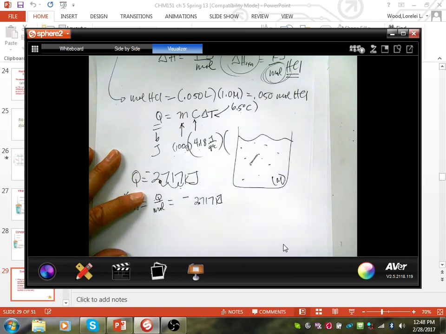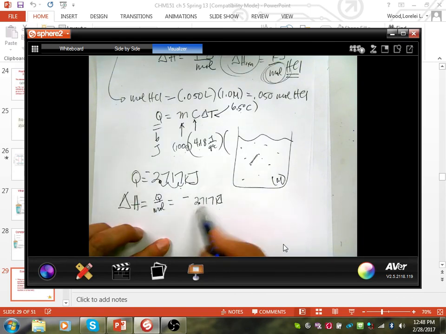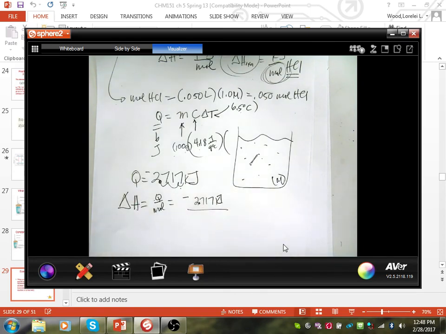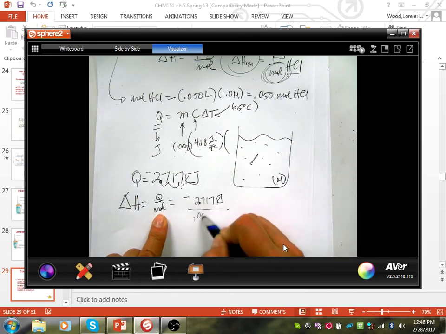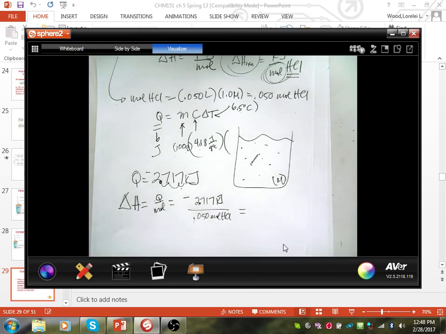Now it's kilojoules. So now I got my kilojoules of energy divided by moles of HCl. That's the exact calculation you do in lab this week. Different acid and base, but basically the big picture is the same.